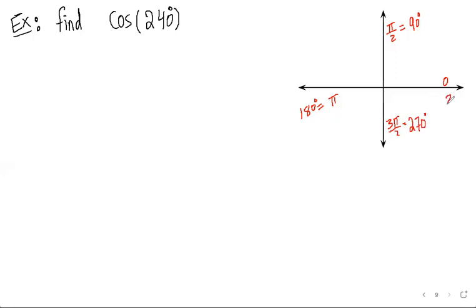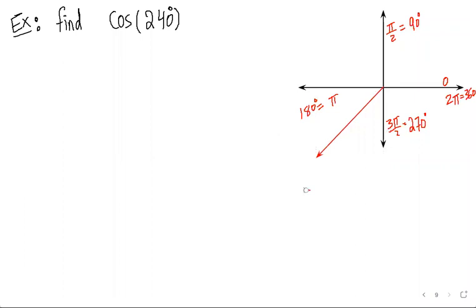And the last one, 2 pi, is equal to 360. Where is 240? In which quadrant? Third one. Why? Because 240 is between 180 and 270. So it's going to be in the third quadrant, like this.